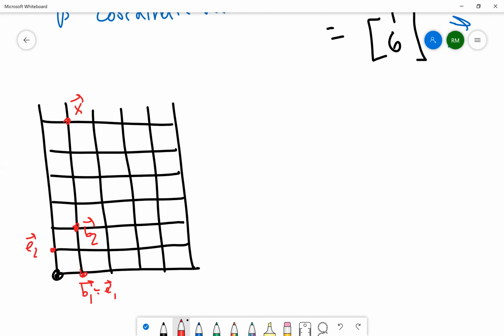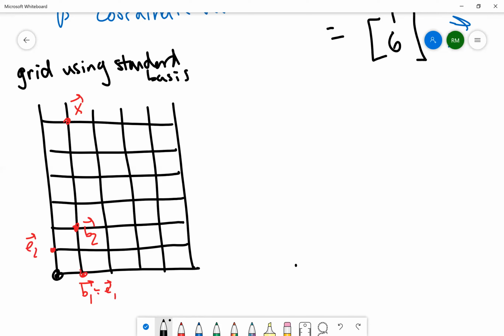Okay, so this is essentially our coordinate grid using the standard basis. So this is our grid using the standard basis.